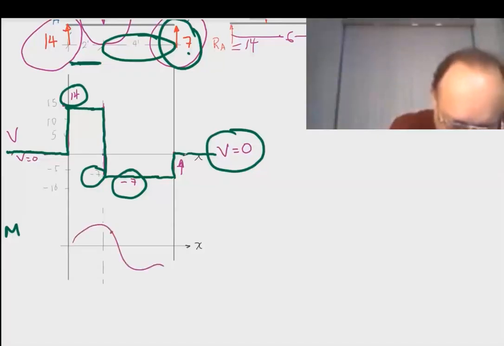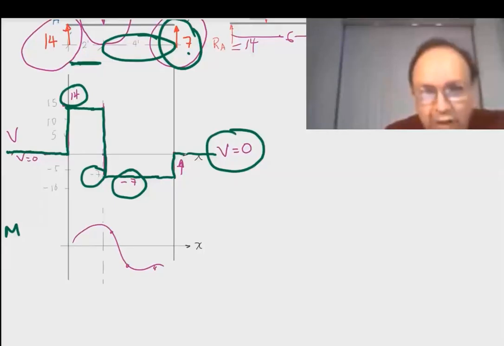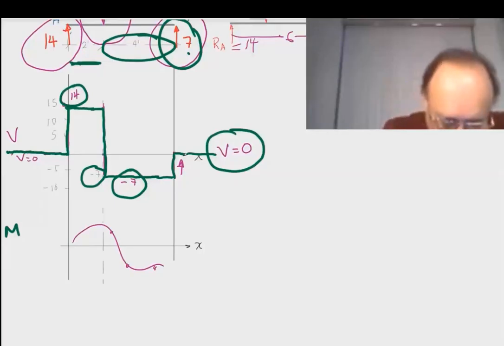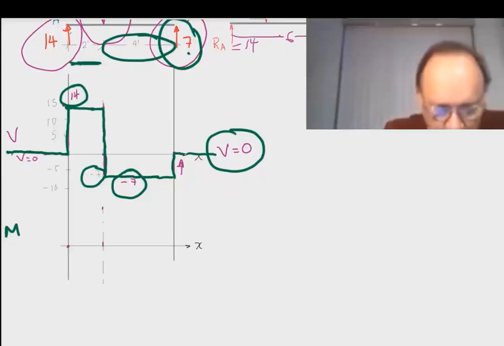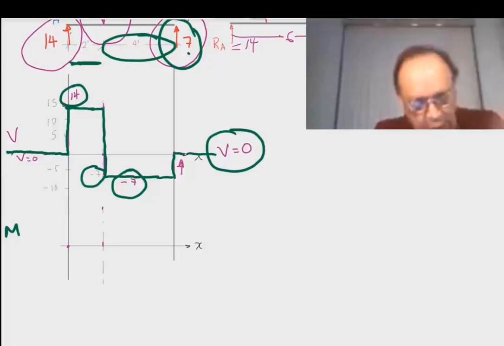Every point on this diagram is gonna show me the total area up to that point from the shear diagram. So let's do it. We always start at 0. And then at this point, for example, I'm gonna have a point over here that is all the area on the shear diagram from 0 up to that point.